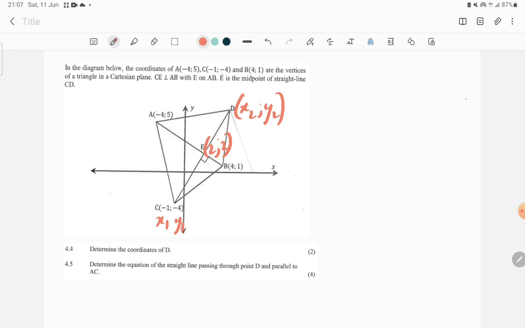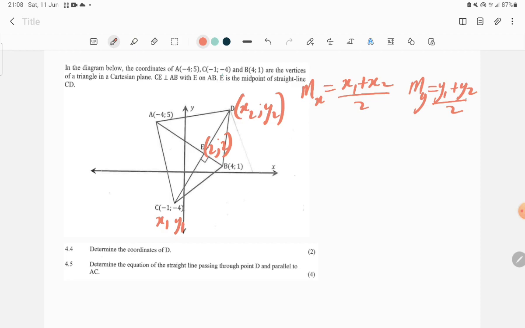Now the midpoint theorem: the x coordinate of the midpoint is given by x1 plus x2, divided by 2. Then the y coordinate of the midpoint can be given as y1 plus y2, divided by 2.